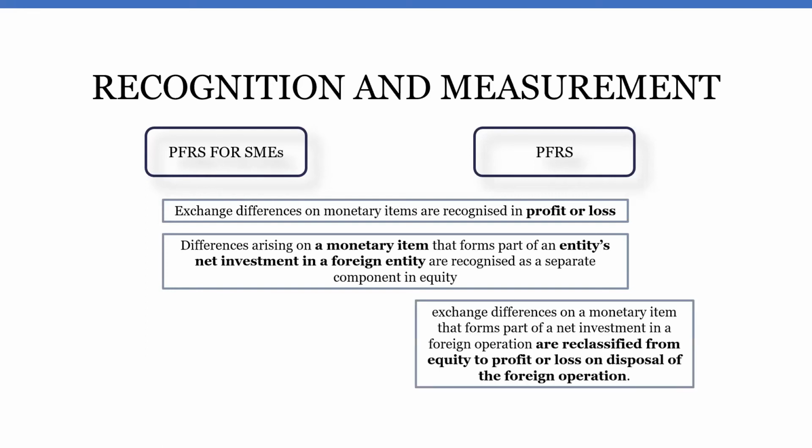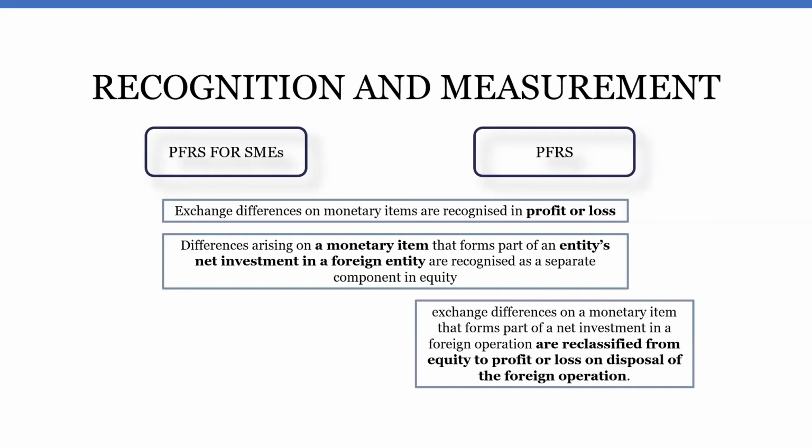So, the difference of SME is that the monetary item that forms part of an entity's net investment in a foreign entity is recognized as a separate component in equity.